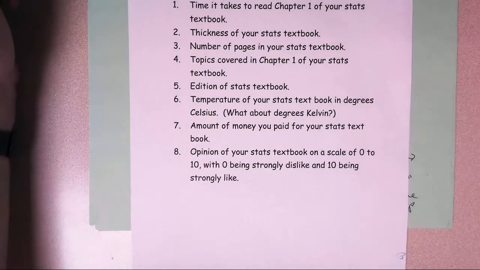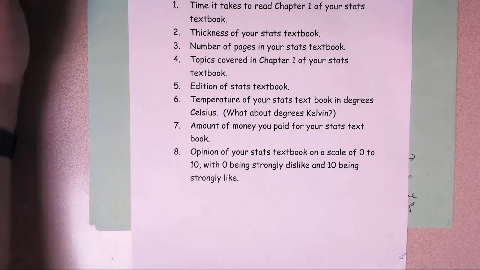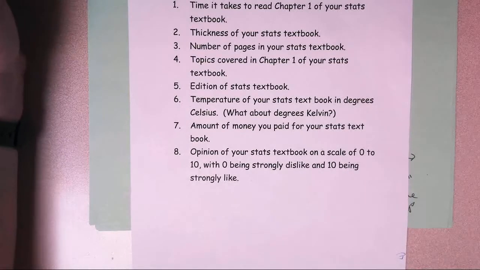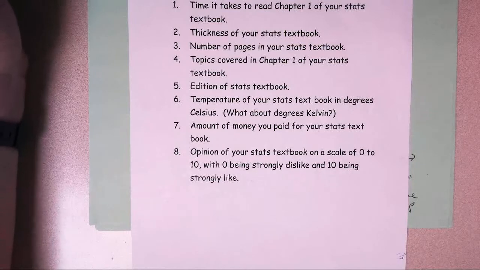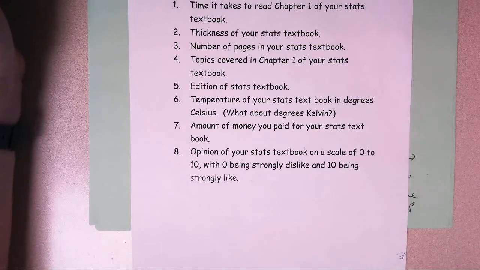Let me say $1.98. That would be like 198 pennies. Does that make sense? You're counting pennies, but you're just referring to them in dollars. $1.98, and that's different than $1.99.